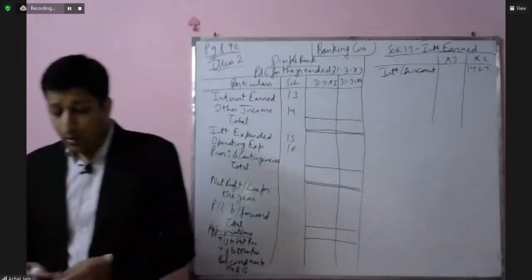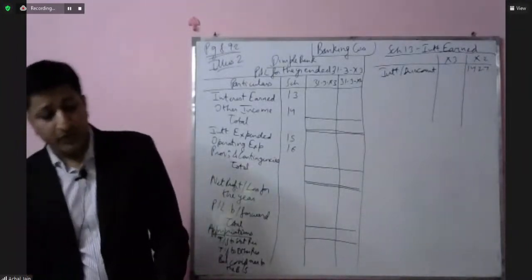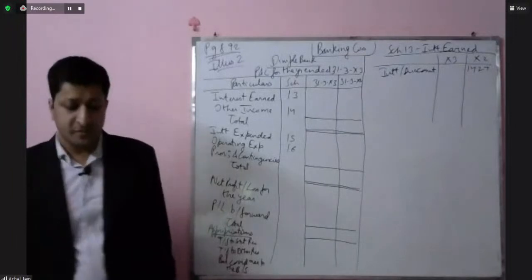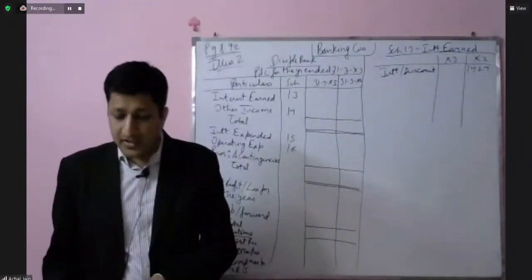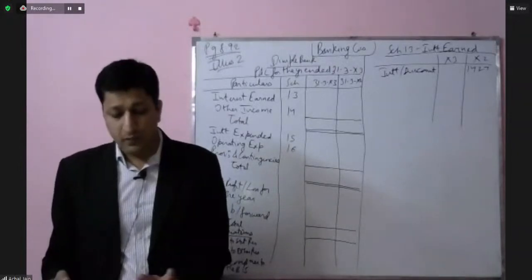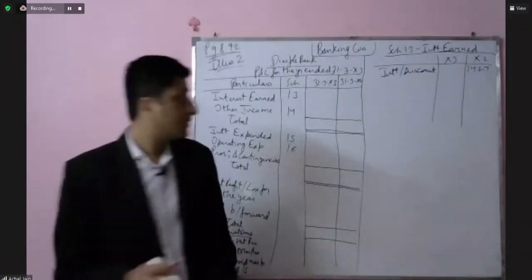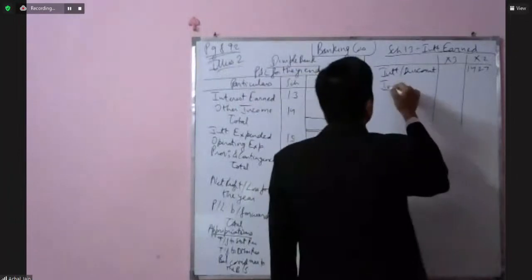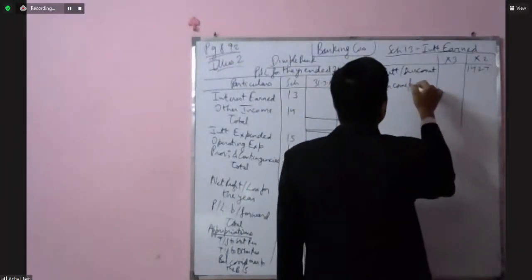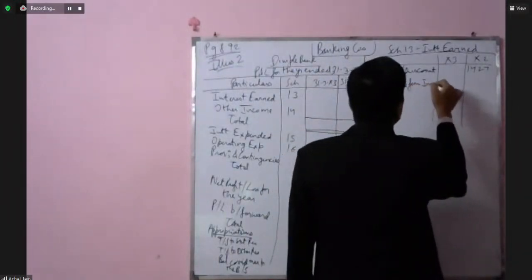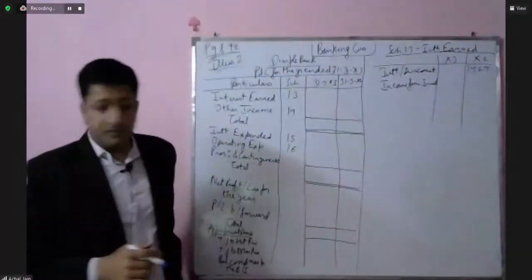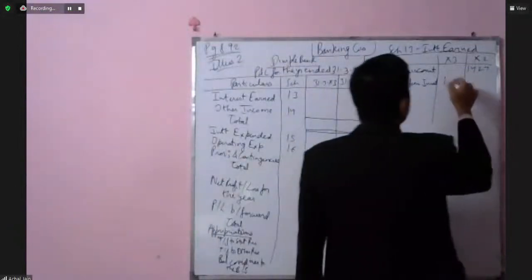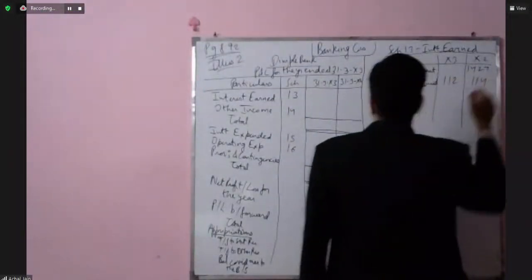Now the next is interest earned to incorporate income on investments. So the income on investments is direct and there doesn't seem to be interest adjustment over here.